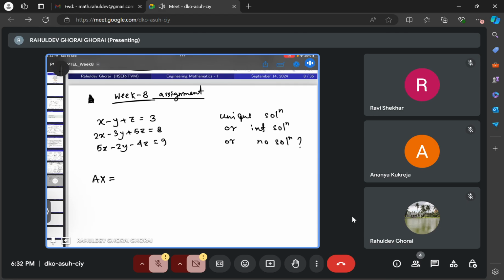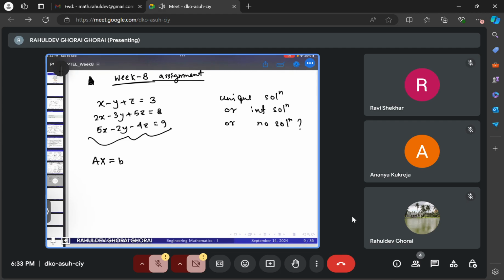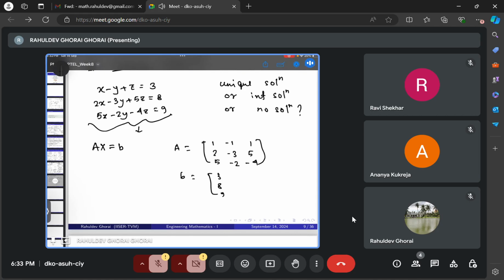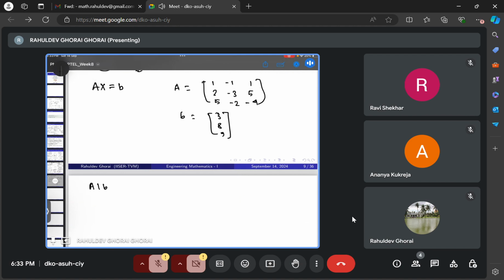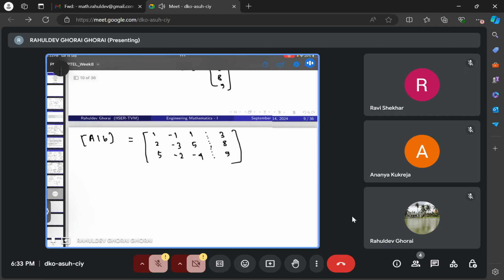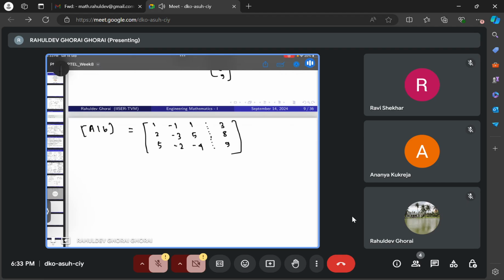Mainly, you have to write this as Ax equal to b, and you can always write that. Here A will be [1, -1, 1; 2, -3, 5; 5, -2, -4], and b will be [3; 8; 9]. The augmented matrix A|b will then be [1, -1, 1, 3; 2, -3, 5, 8; 5, -2, -4, 9]. Find the rank of A and the rank of A augmented b, and tell me whether the system has a unique solution or no solution.